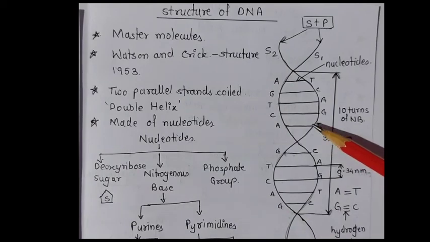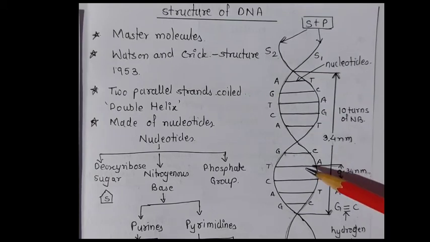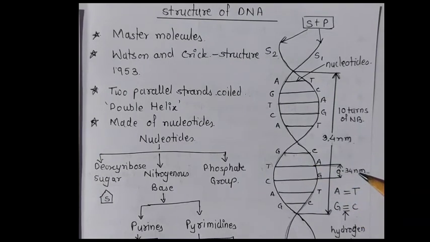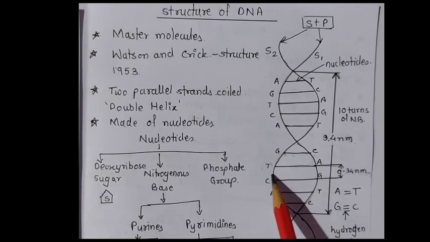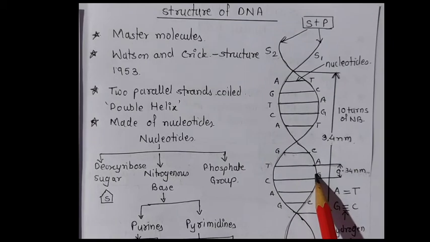The distance between the two turns, two segments actually, here this one and this one, or any two you can take, is about 0.34 nanometer. This is the structure, the length and breadth. And here the width, from this end to this end, is about 2 nanometer.